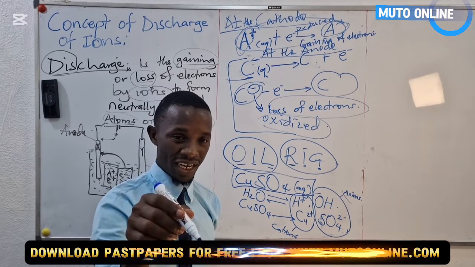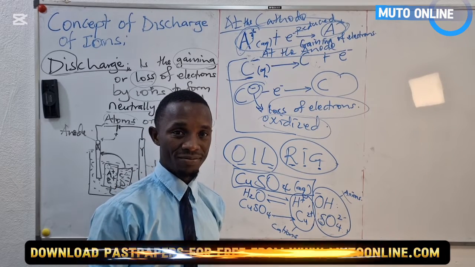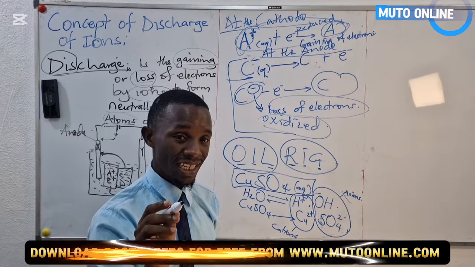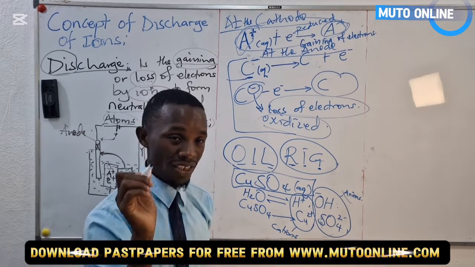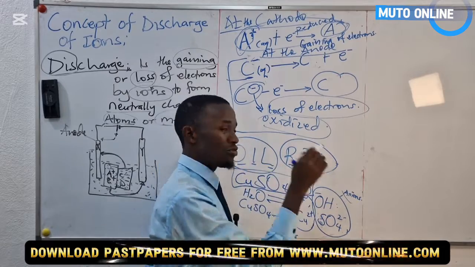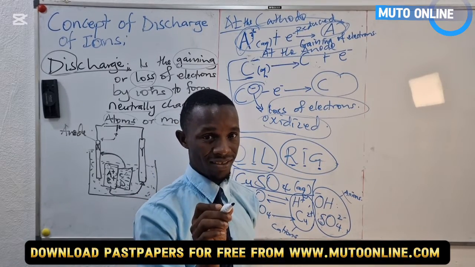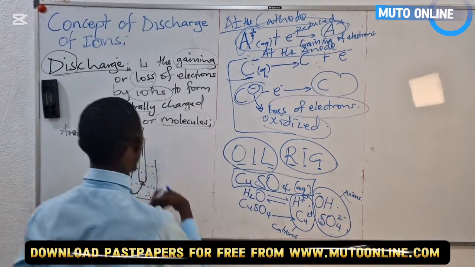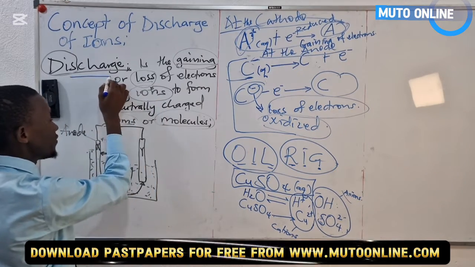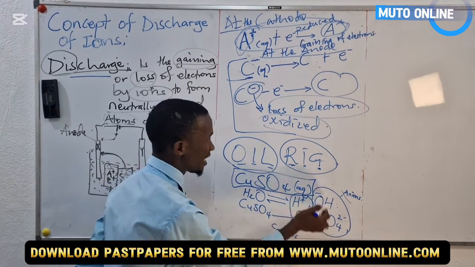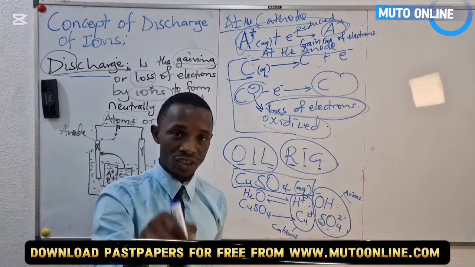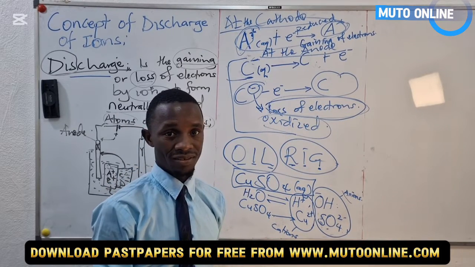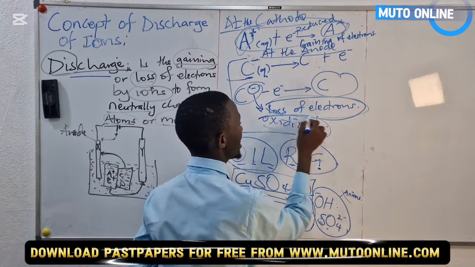If you have your neighbor, you can tell him or her. The negatively charged ions migrate to the anode. And once there, one of them will be discharged. And we've said that the discharge of negatively charged ions is loss of electrons. One of them will lose electrons or will be oxidized.